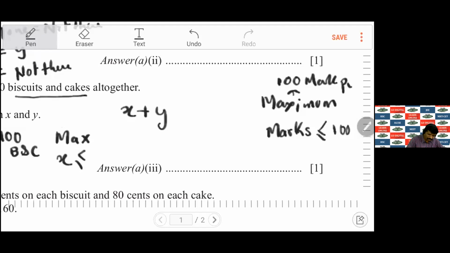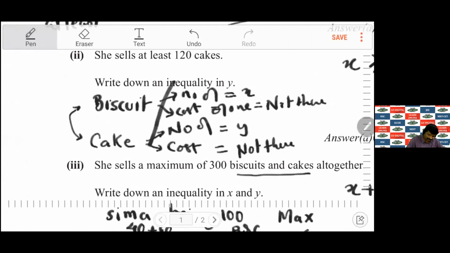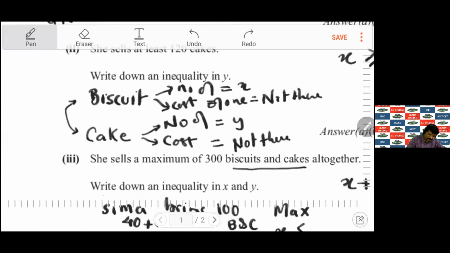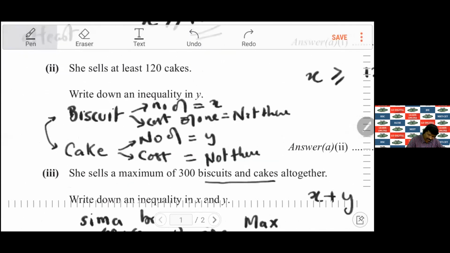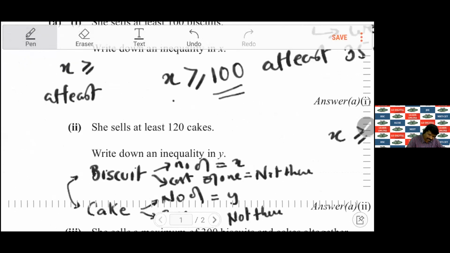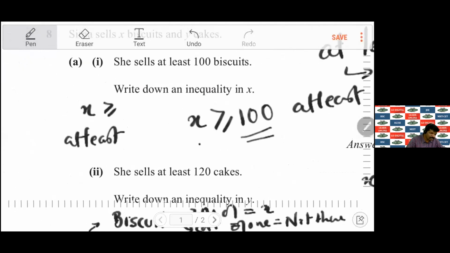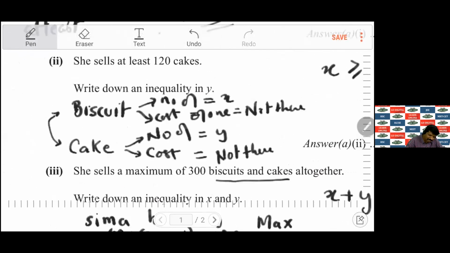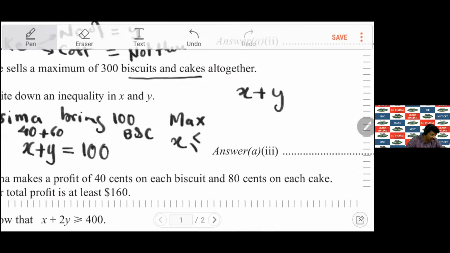So when we saw the word at least, at least means we took greater than or equal to. So you get confused all the time about at least. You have to print in your mind. At least means at minimum, so it is greater than or equal to. And maximum means you cannot go beyond that, so it is less than or equal to.